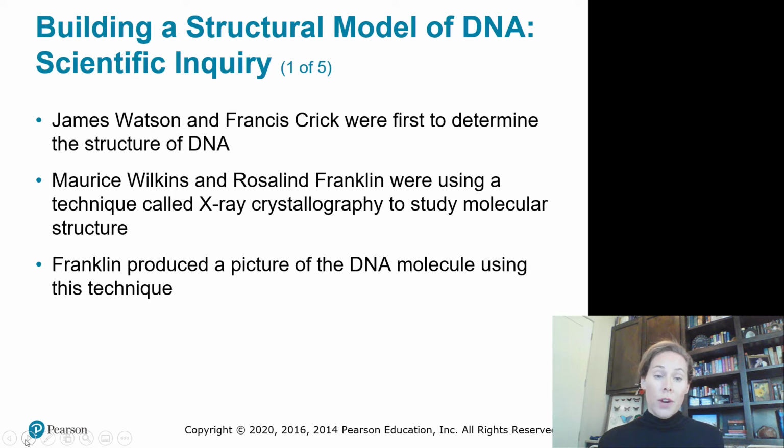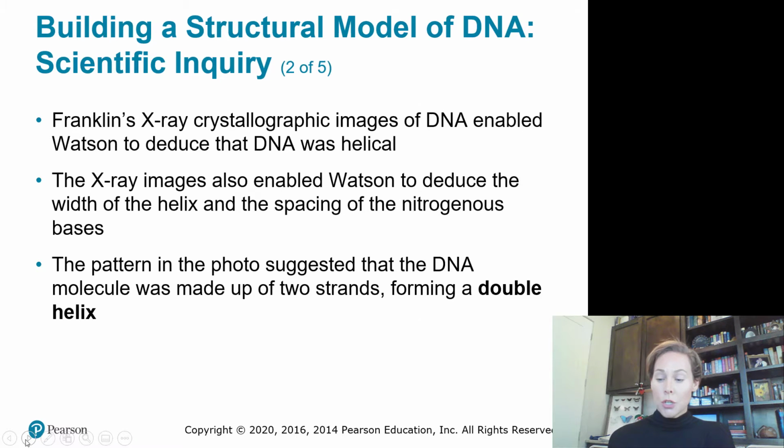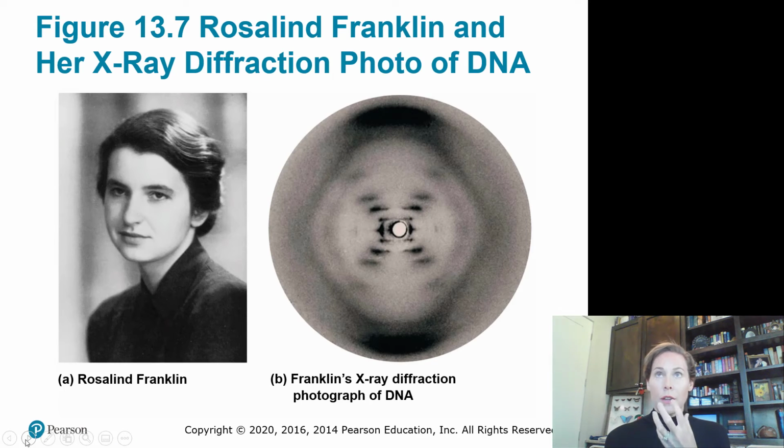Rosalind Franklin took a picture of a DNA molecule using that technique, and she has posthumously been recognized as the person who discovered the way DNA looked. But it took Watson and Crick to look at that picture and determine that this is a double helix. That's kind of mind-blowing if you think about how clever and intelligent they were.